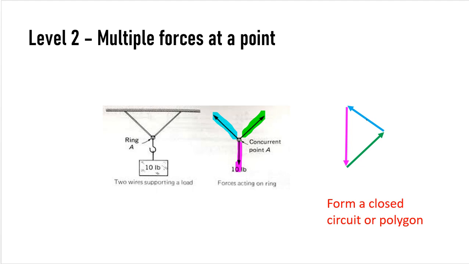These 3 forces will be in equilibrium if they form a closed circuit or polygon. In this case, a triangle, because there are 3 forces. But this generalizes to any number of forces acting at a point. The same holds true. If they are in equilibrium, they must form a closed circuit or a polygon.